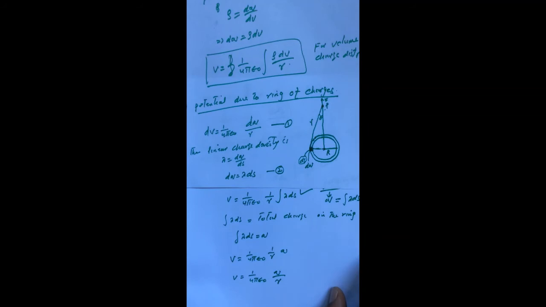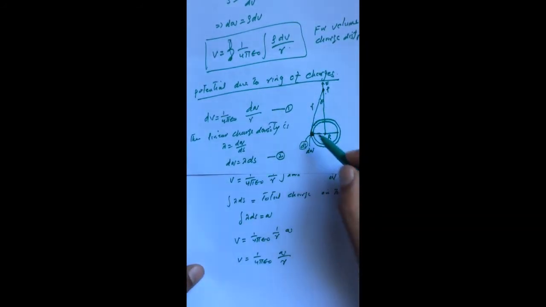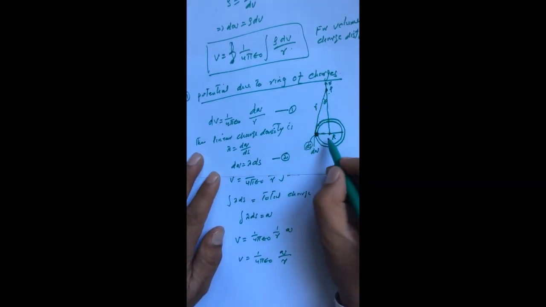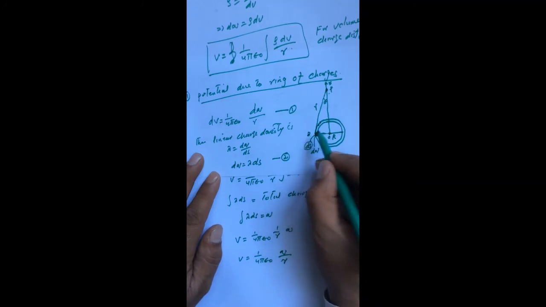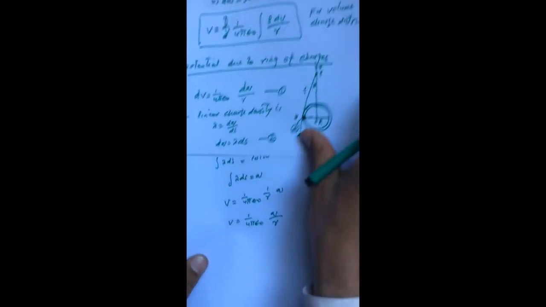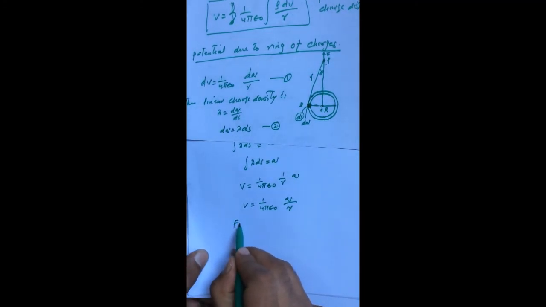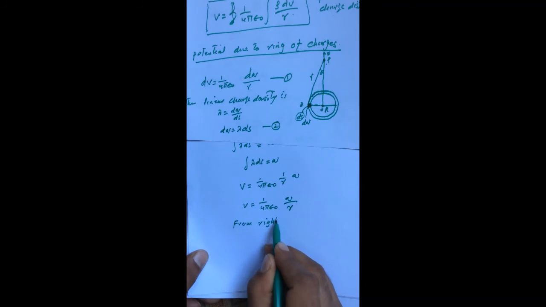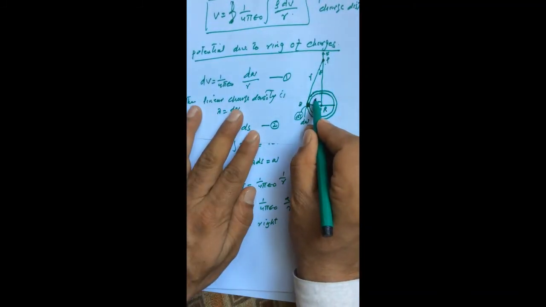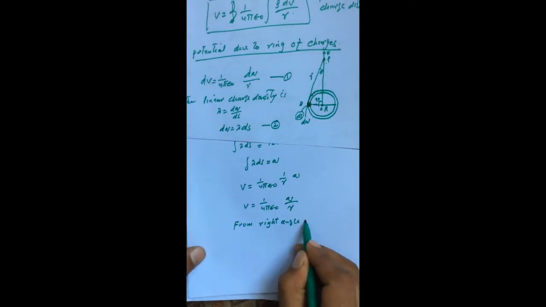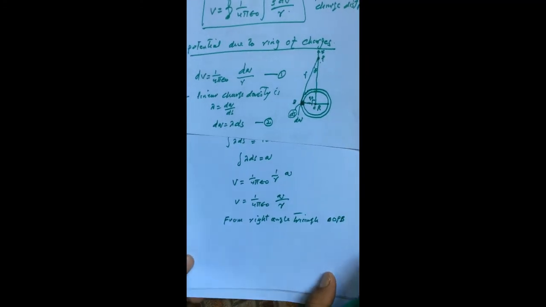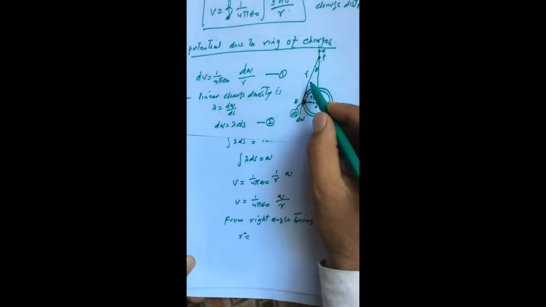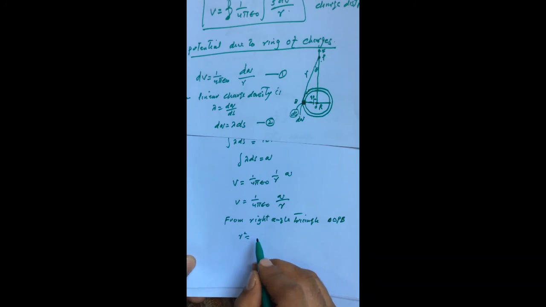Then applying Pythagoras theorem to this triangle, let's say this is P, this is my origin, and this is point B. From the right angle triangle OPB, because this angle is 90, we have r square, hypotenuse square, is equal to base square.